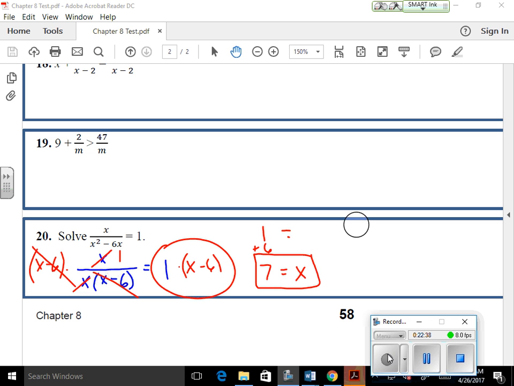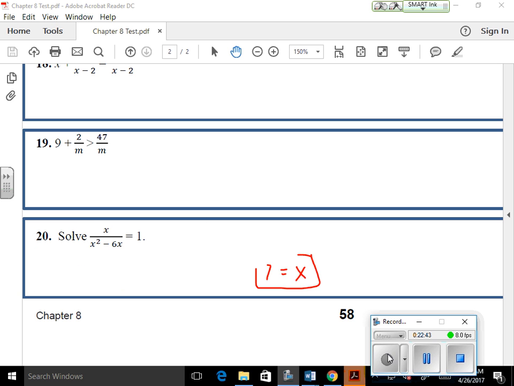The other way would be to multiply both sides by x squared minus 6x right off the bat. And those would cancel, and 1 times x squared minus 6x is just x squared minus 6x, and so my second step leaves me with x equals x squared minus 6x.